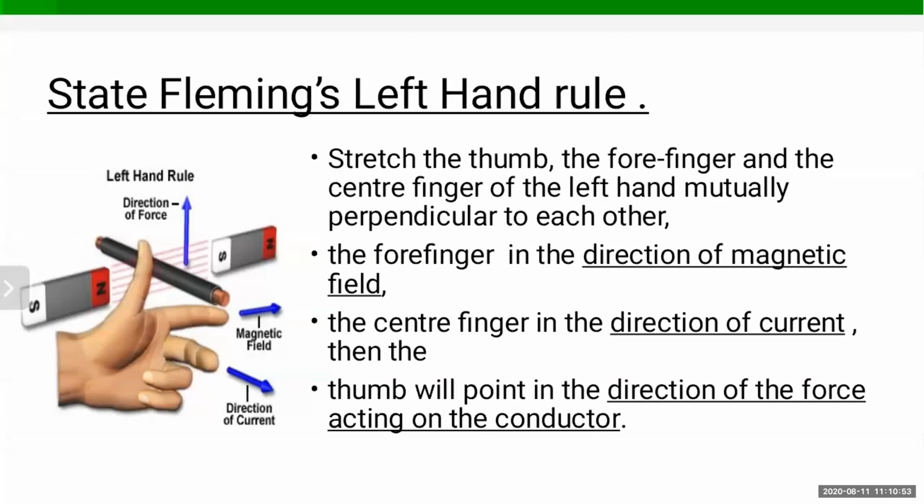It can be converted from one form to another form.